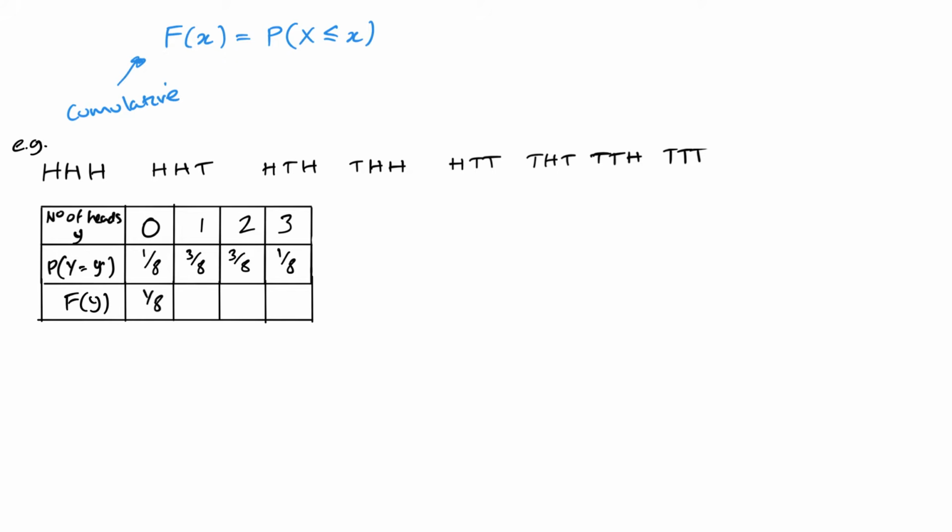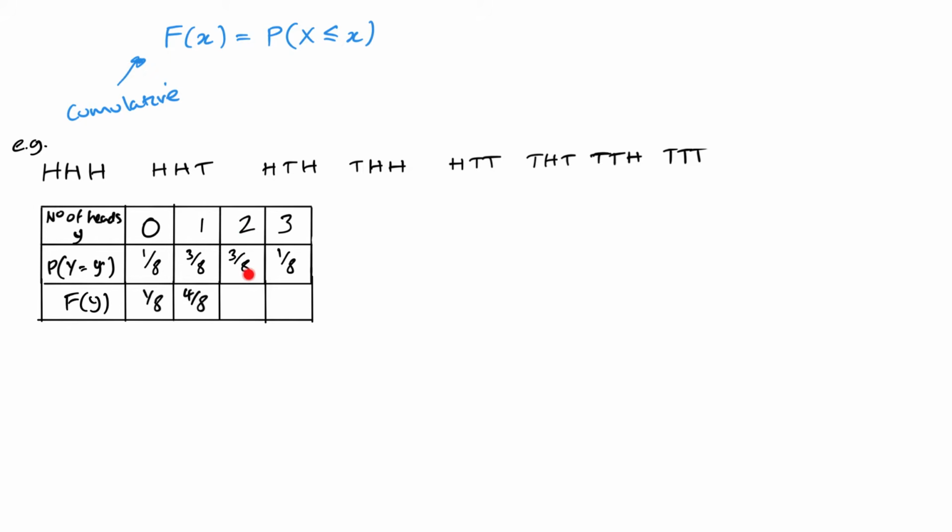However, the next line is the probability of less than or equal to 1. So if it's less than or equal to 1, it could be a 1 or a 0. So it's 1/8 plus 3/8, which is 4/8, and I will simplify these in a moment. The next one is less than or equal to 2, so it's 2, 1 and 0.